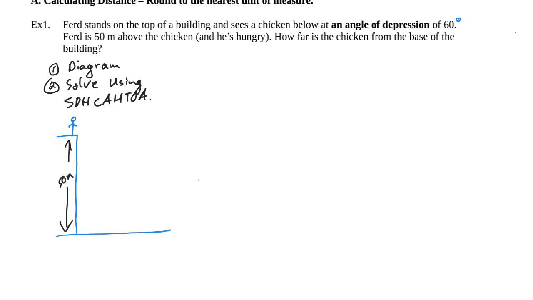Now, here is our little drumstick, our chicken. Here's our little chicken over here. And what I want to know is, what is the distance from Ferd all the way down to where that chicken is?